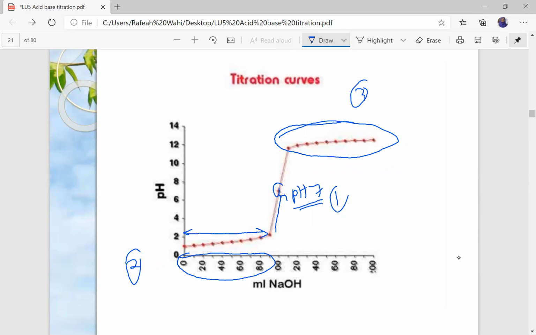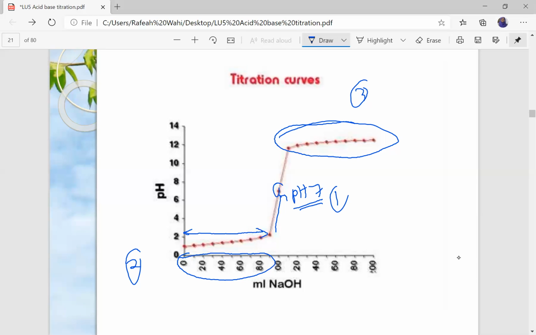So that's about it for a strong acid and strong base titration. You're going to use the same approach to solve for any strong acid and strong base titration, whether it is sulfuric acid, phosphoric acid, hydrochloric acid, or any strong acid with any strong base such as sodium hydroxide, potassium hydroxide, or calcium hydroxide.